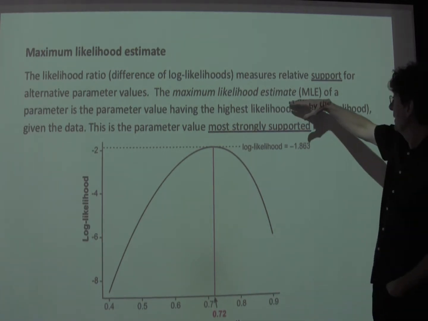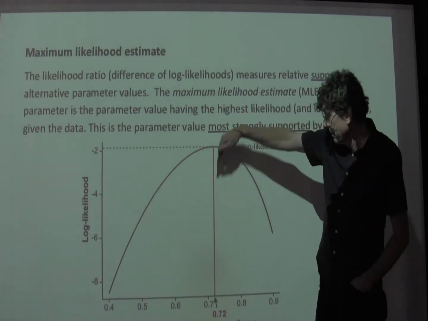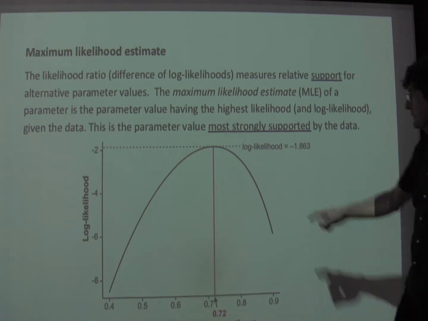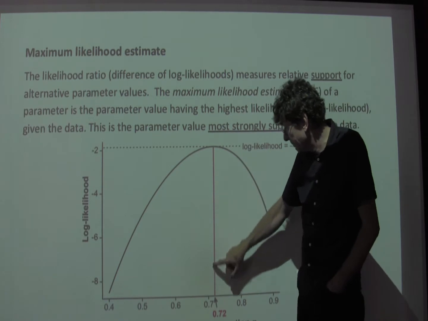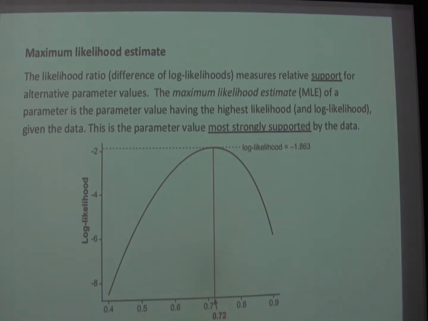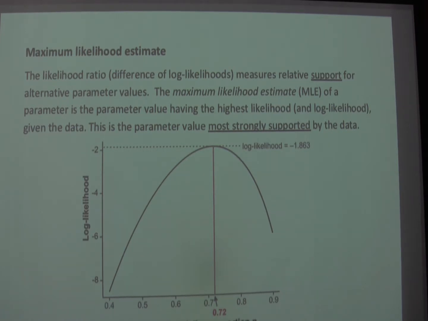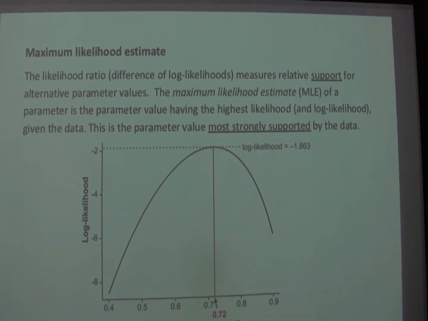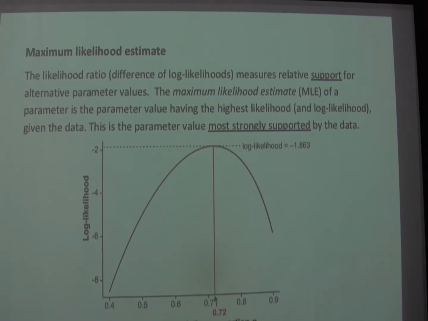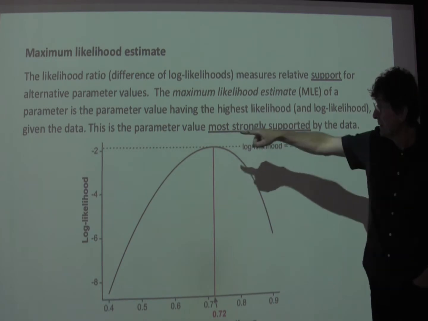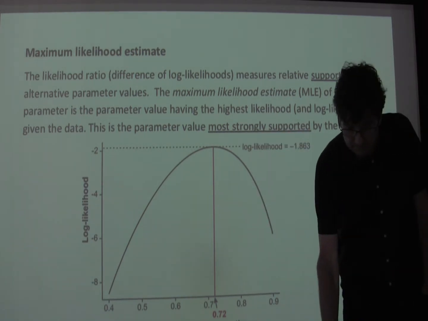The maximum likelihood estimate of a parameter is the value having maximum support, given the data. So in this case, we just find the peak, and we obtain our estimate of the population proportion, 0.72. So we would say 0.72 is the maximum likelihood estimate of this proportion. And the corresponding log likelihood is shown over there.